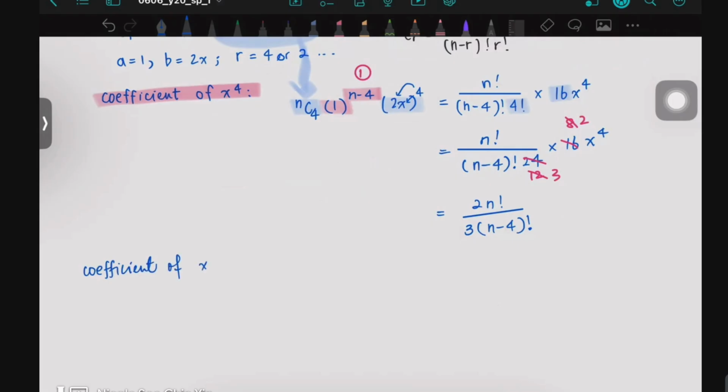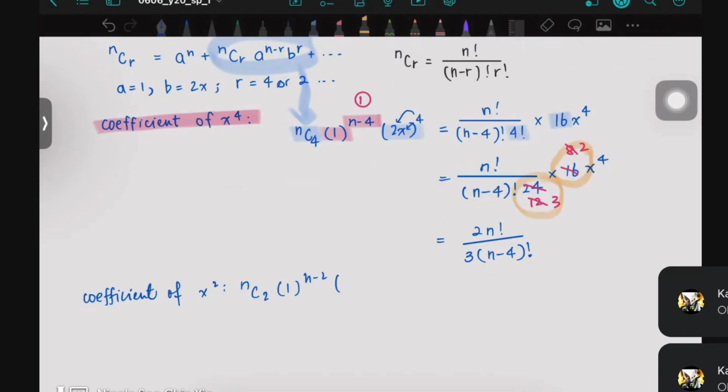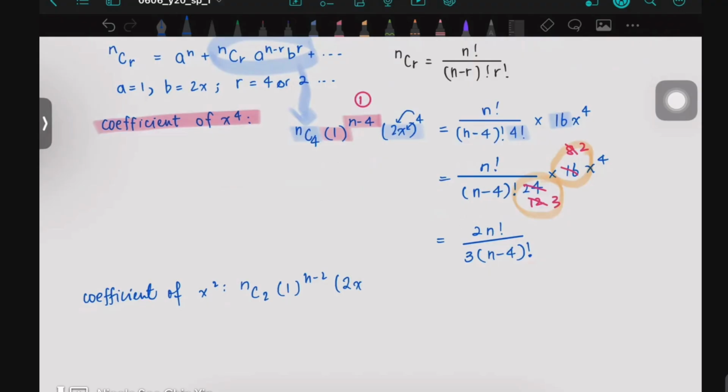Now I look at the coefficient of x squared. In my coefficient of x squared, I have nC2, 1 to the power n minus 2. Where is the 2 in the numerator coming from? Here, simplify. So we will get 2x squared.